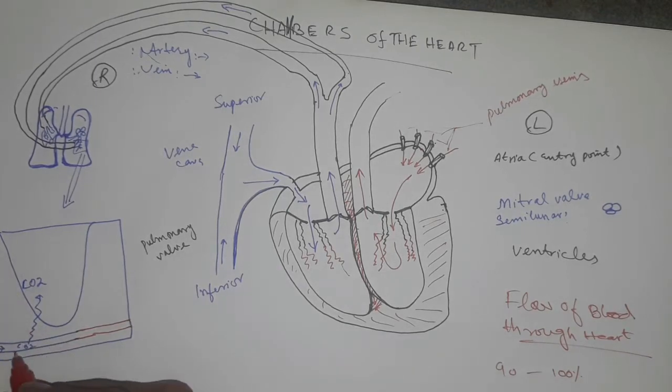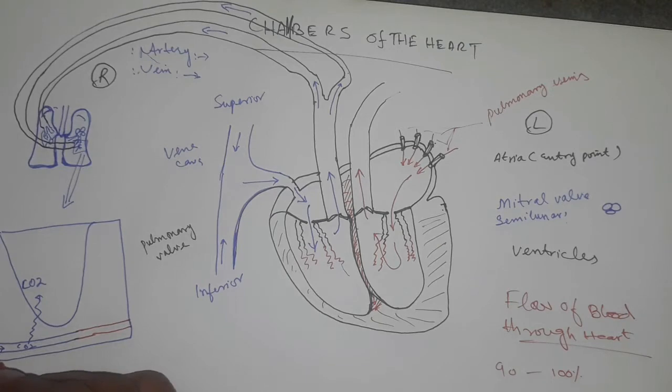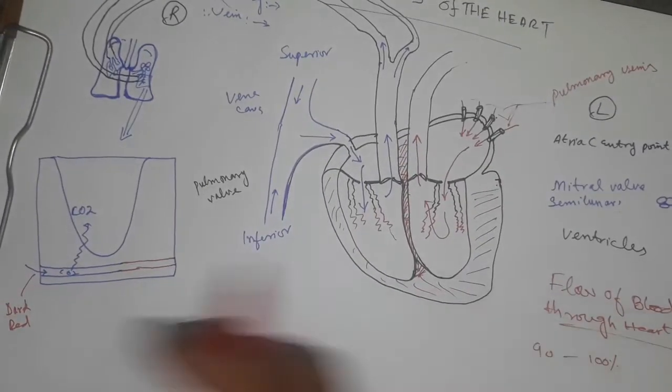So this blood, which is loaded up with carbon dioxide, which makes the blood color dark red. This is the actual dark red color, which conventionally in biology we denote as a blue color.